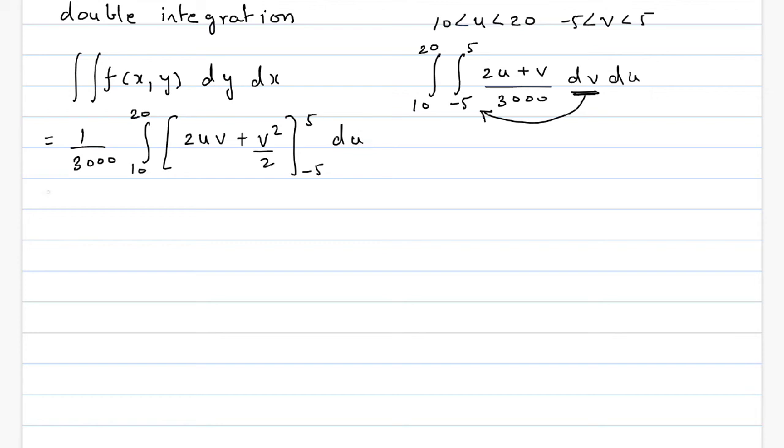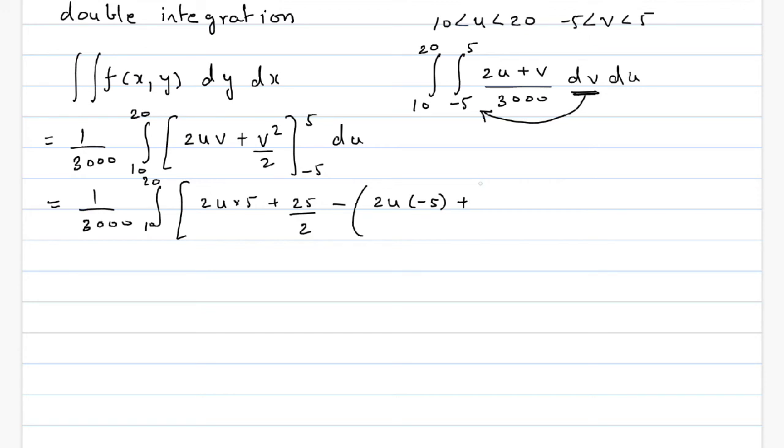Now when we put our limits, we'll have 1 by 3000 as it is, integration 10 to 20. For the upper limit we'll have 2u into 5 plus 25 by 2, minus the lower limit, 2u into -5 plus (-5) square, so it's just 25 by 2.